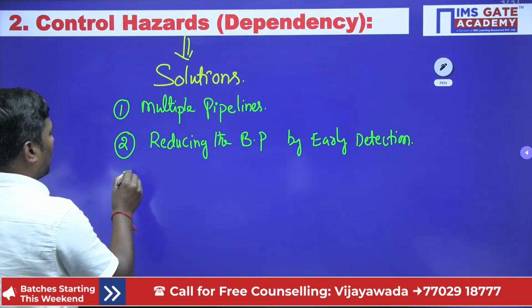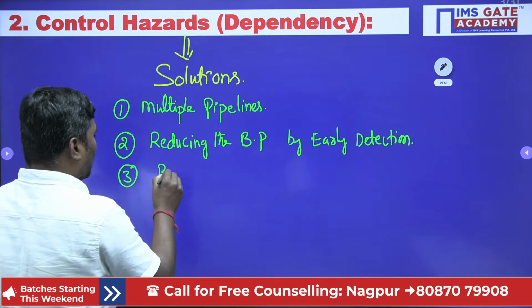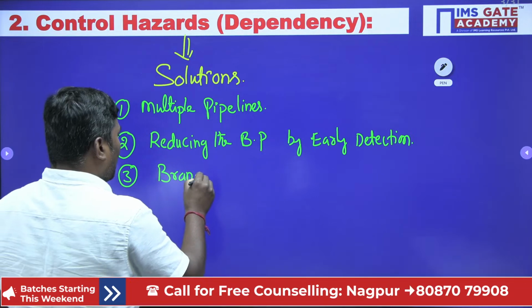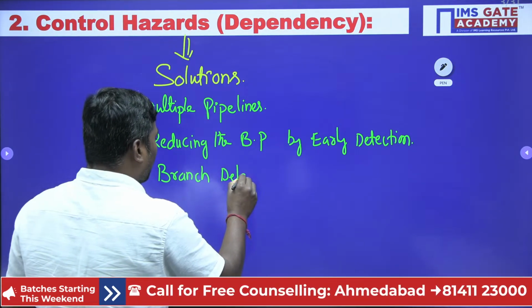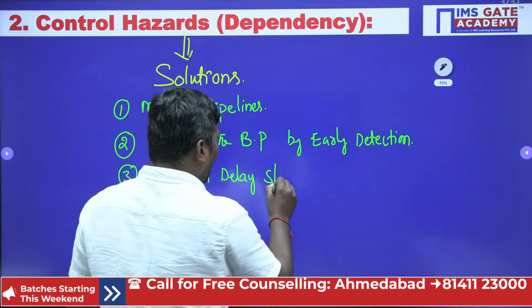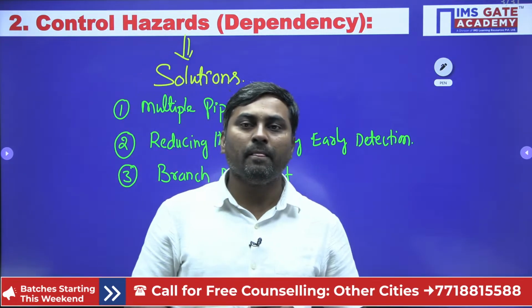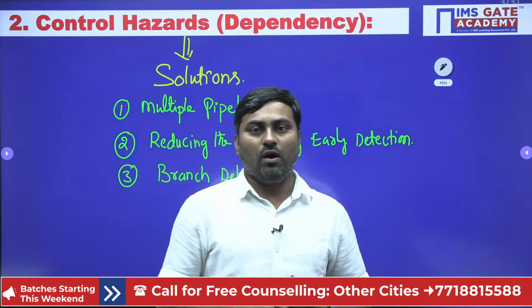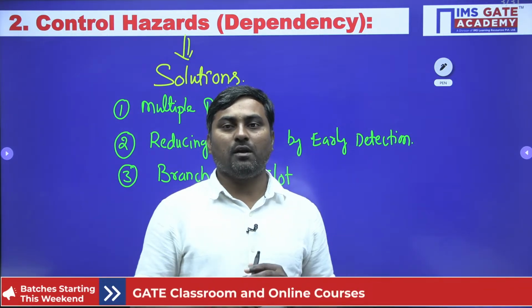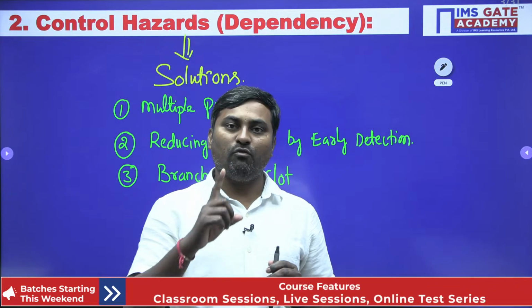Followed by the third one, the branch delay slot. What is a branch delay slot? In reducing the branch penalty, we reduce the penalty by 1 clock cycle.